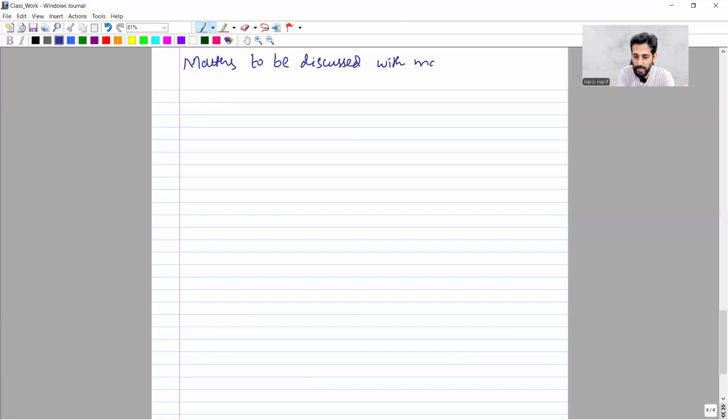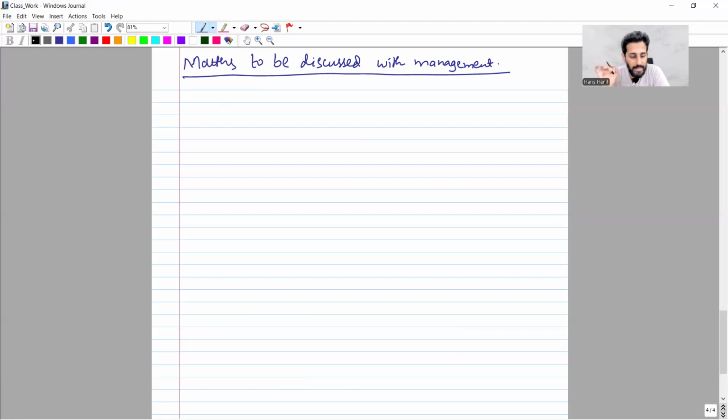Please note that you are the auditor and you are auditing the financial statements. So you should have a very good grip on your accounting standards, right? That's a very simple and obvious point.